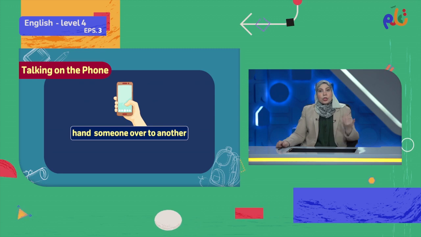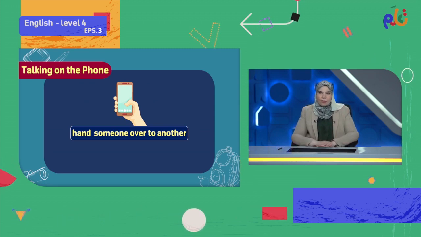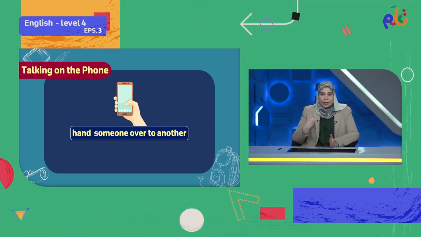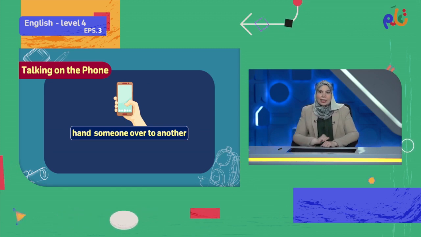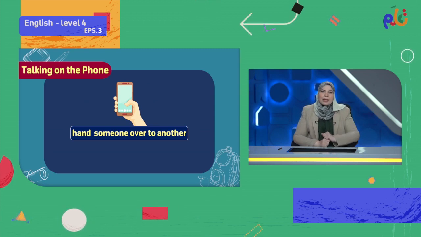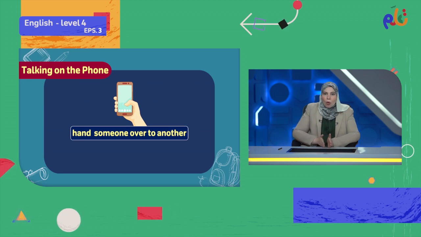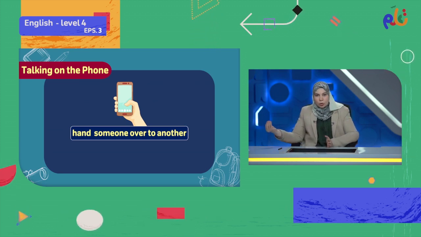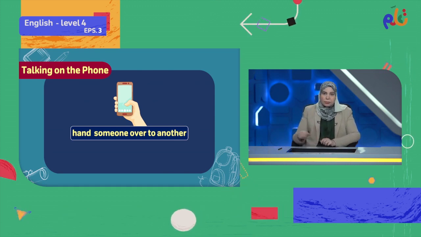We have another phrasal verb here, which is hand someone over to another person. So for example, you call me at home and my sister answers the phone. In this case, she will hand you over to me. She can tell you, okay, I will hand you over to Sally now. So this means I will give the line to somebody else. Hand you over to someone means I will put you through to him, or I will connect you with him.